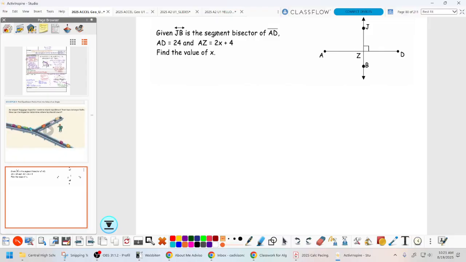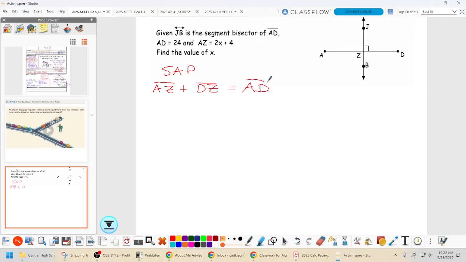So this is a segment bisector that happens to be a 90-degree angle, so a perpendicular bisector in the end. AD is 24, AZ is 2x plus 4. We know it's relying on the segment addition postulate to solve, because AZ plus DZ, or we could say ZD, equals AD.